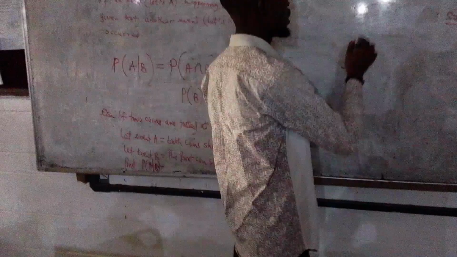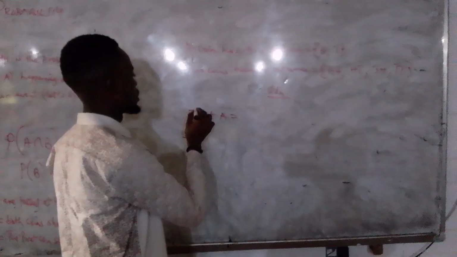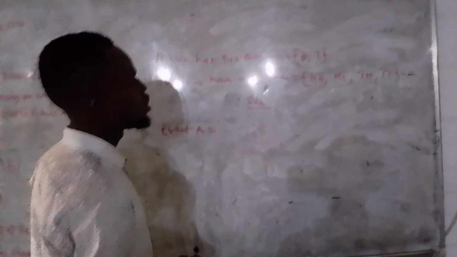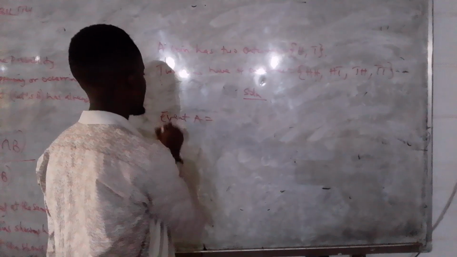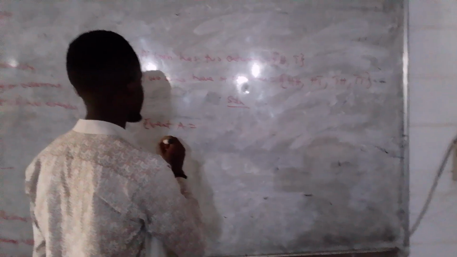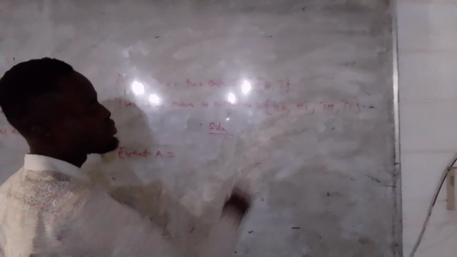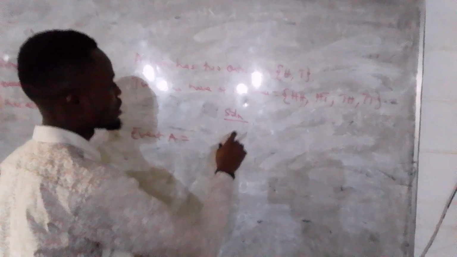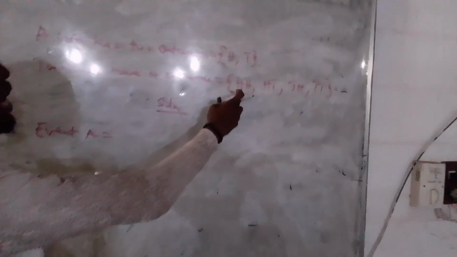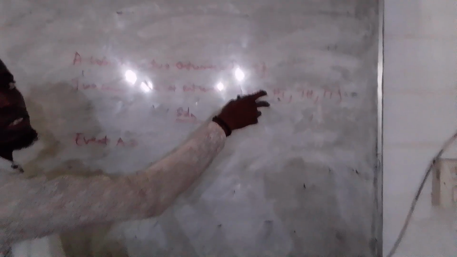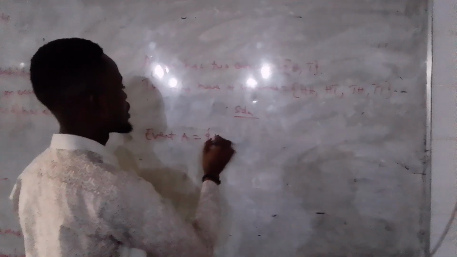Now let's get back to the question. Let event A be both coins showing heads. If you look at the sample space we have here, we only have one of the outcomes which shows both heads.